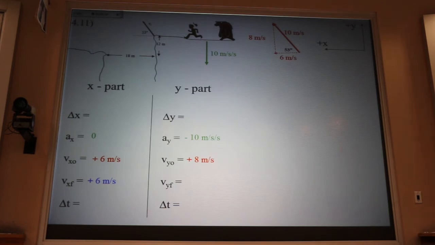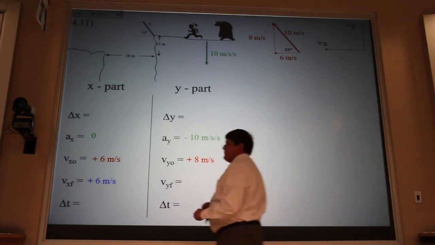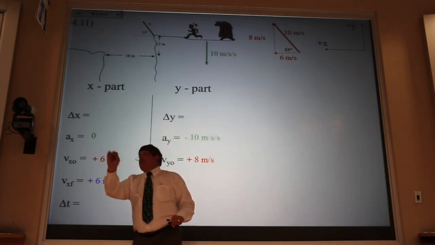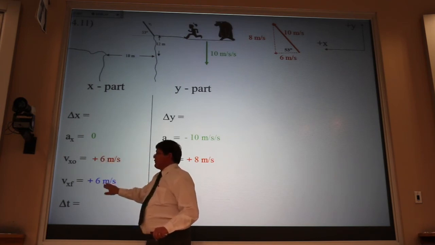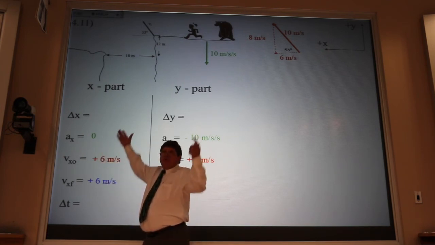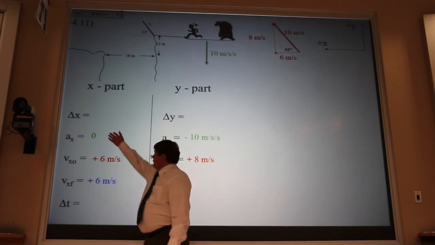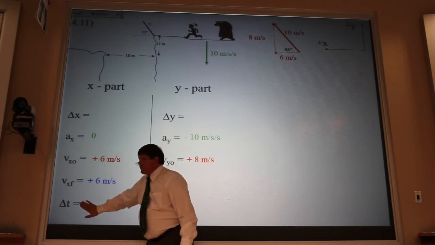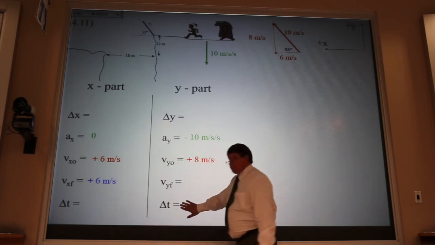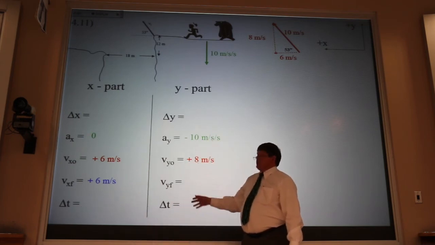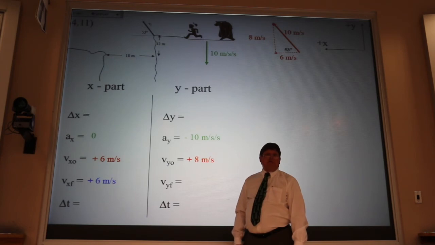It looks like we have enough information because I promised you, if you had 1, 2, 3 pieces of information, you were golden. You could solve for the other 2. And so if you use those 3 pieces of information to solve for time, you could put the time here, and then you could solve for the empty spaces over in this list.